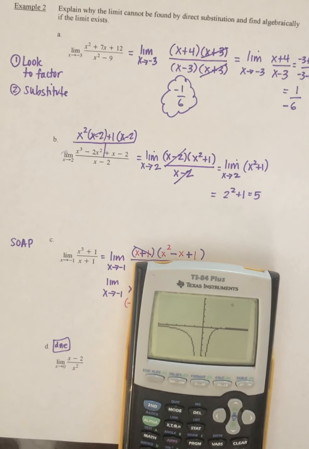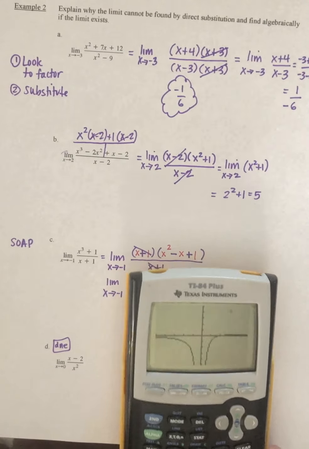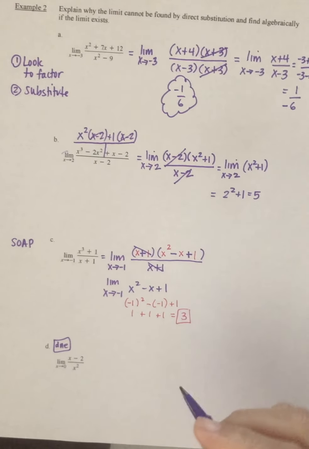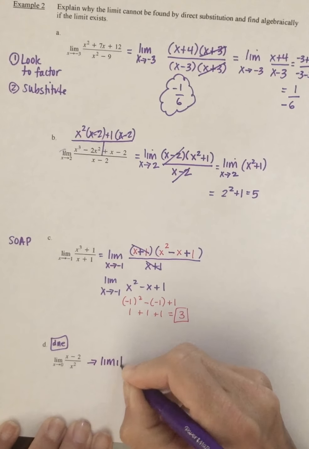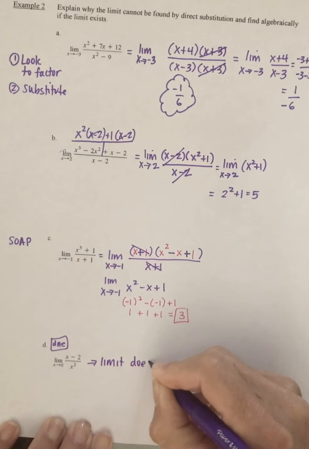Infinity is not a value. Although you could say from the left side it's going to -infinity, and from the right side it's going to -infinity, at the actual value of 0, there is no limit there. There's an asymptote. So the limit here is confirmed. It does not exist.